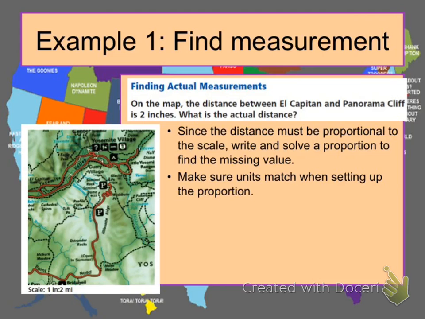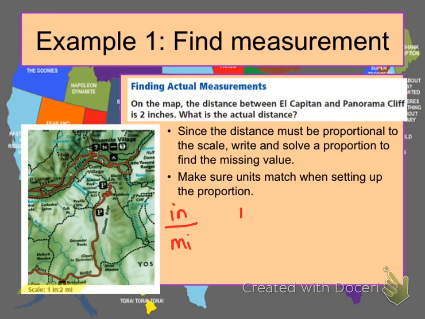When you're looking at actual measurements, if you're on a map, the distance between El Capitan and Panorama Cliff is 2 inches. What is the actual distance? If we know in inches and we know the scale, which in this case we do, we could set up a proportion such that we have our inches to miles.